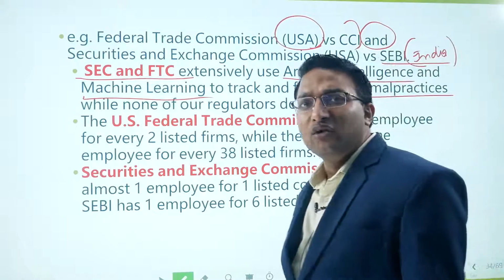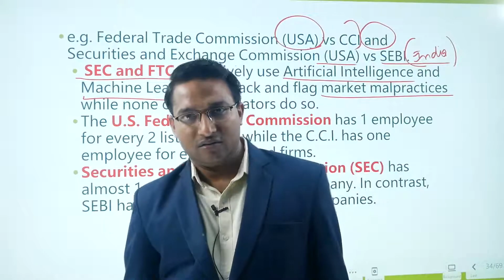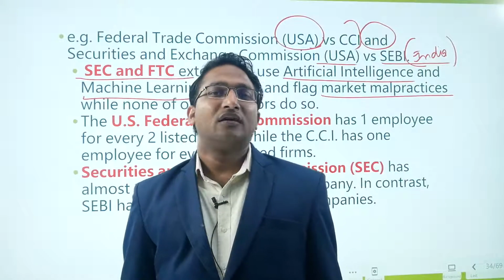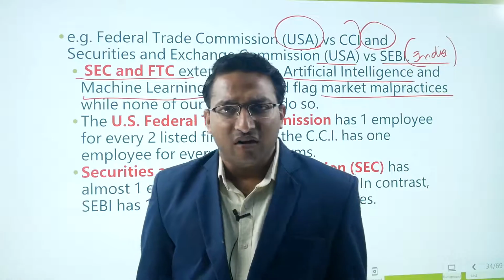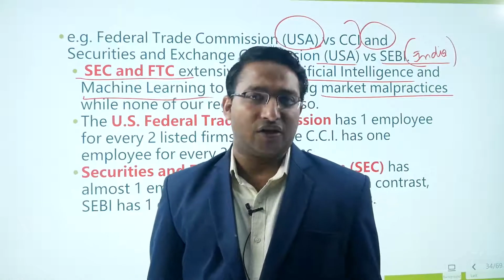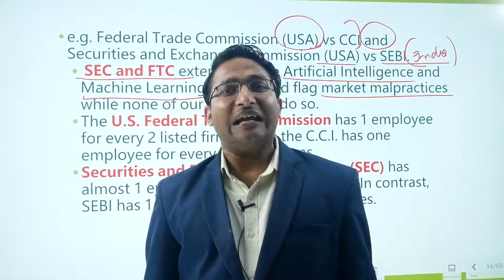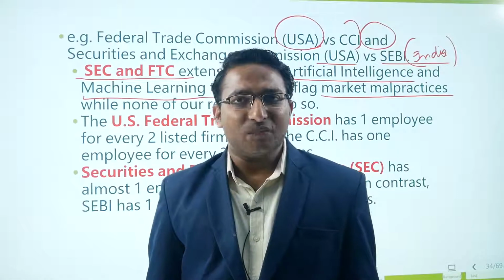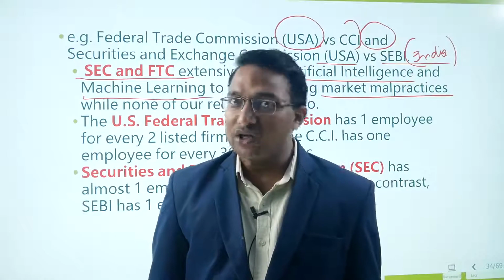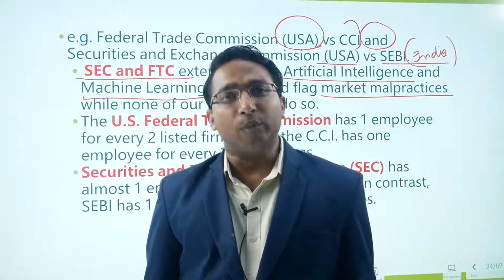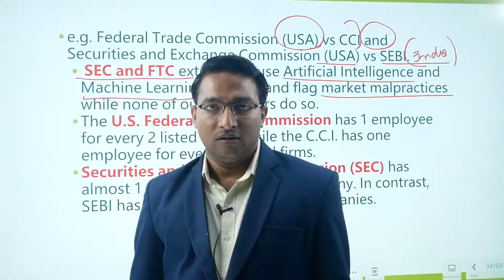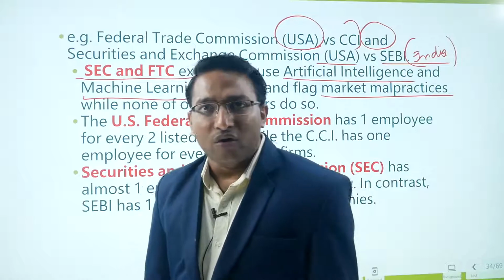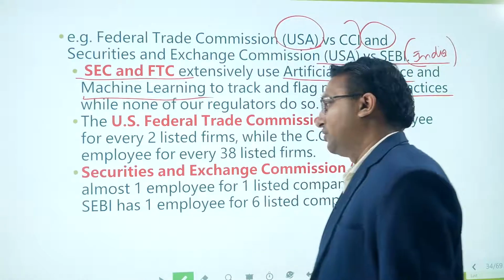That means our regulators are not that competent. They are not able to track the opportunistic behavior which is made by the wealth creator. So if there is some insider trading, that means if some top management person is misusing the corporate information to earn profit in the stock market, such practices are not detected by the Indian regulators.